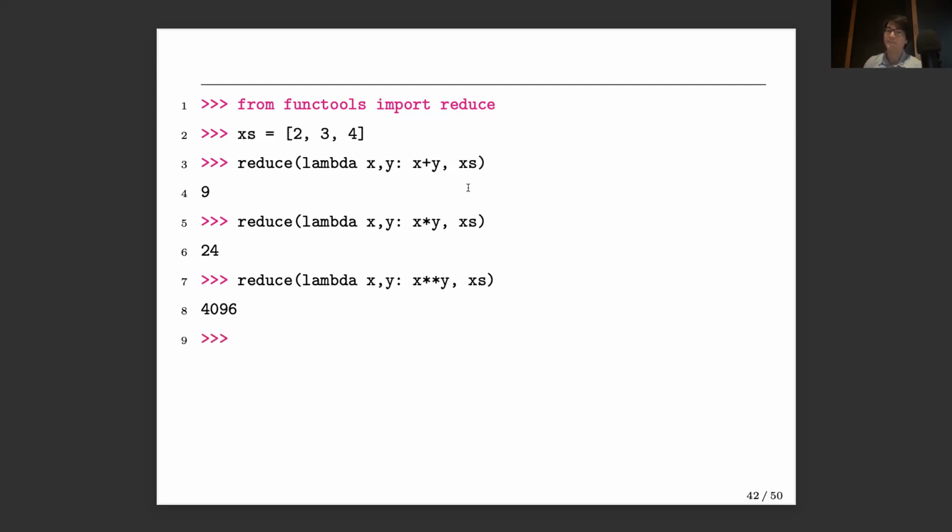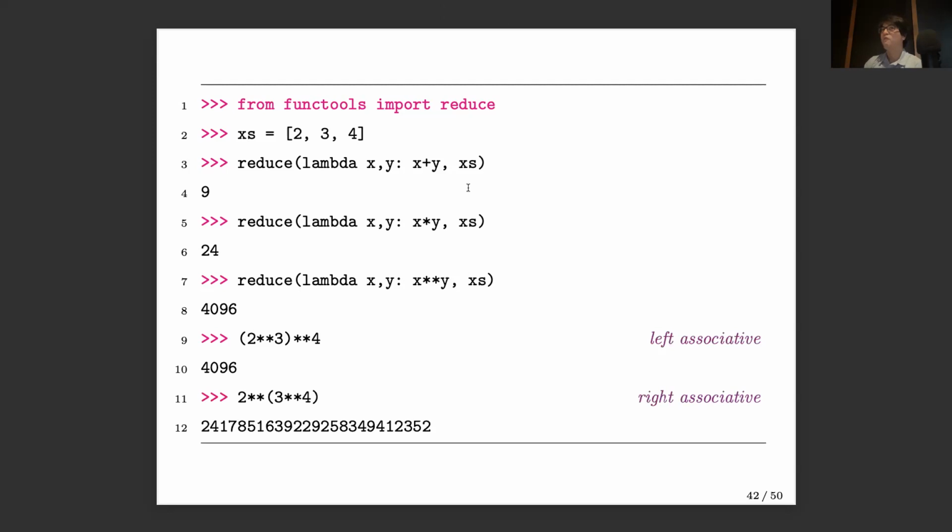If I just put this into Python, it's going to say 4096. So 2 to the 3 to the 4 gives 4096. Okay? So this is going to be left associative, right? The brackets are stacked to the left. They're not stacked to the right, which would give this.